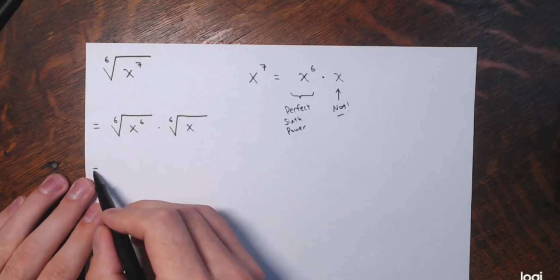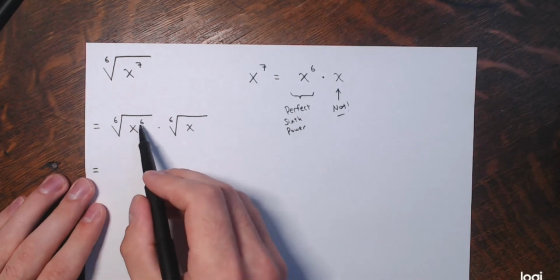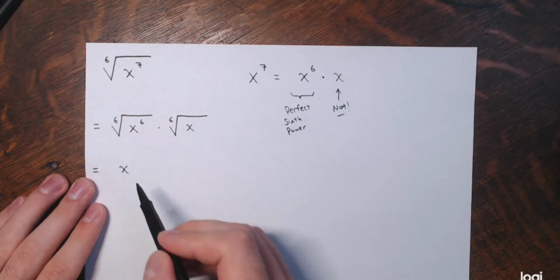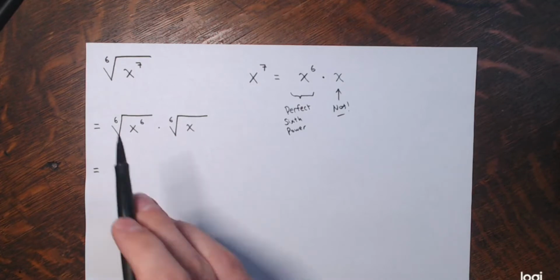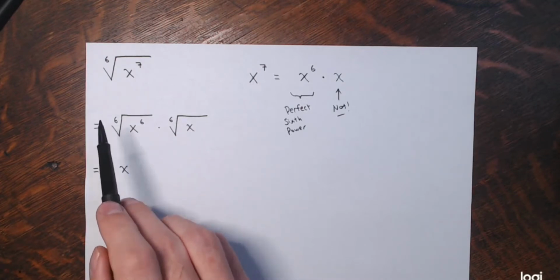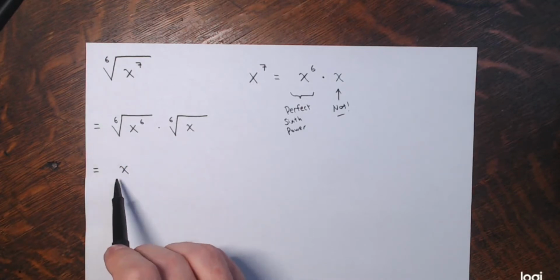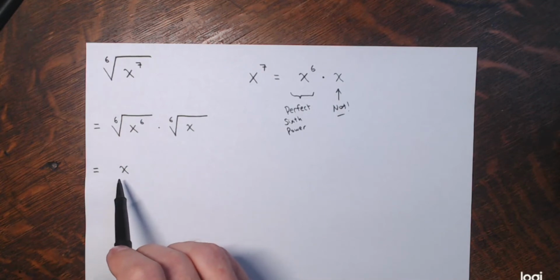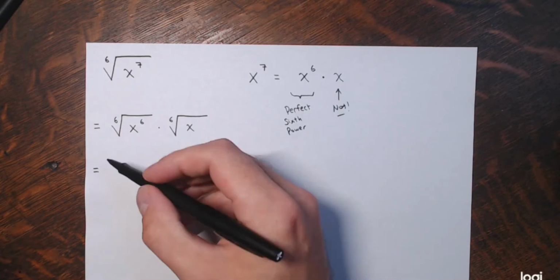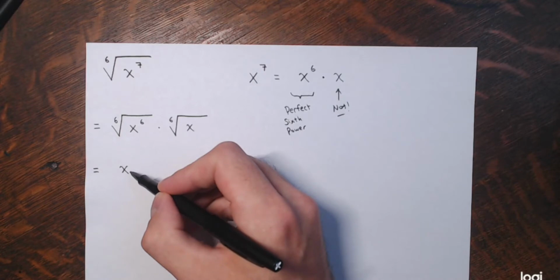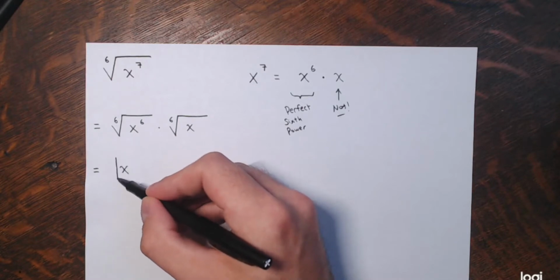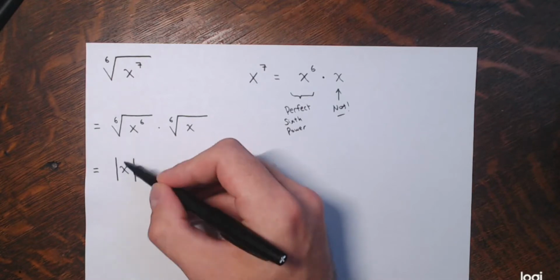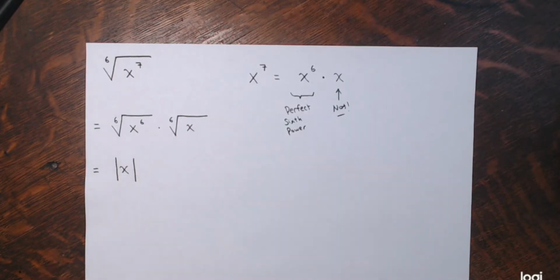Then we simplify. Now the 6th root of x to the 6th, again, if you write just x, you're wrong. This is once again an even root. So the result needs to be always non-negative. And this is not always non-negative. If x were negative, this would be a negative value. So once again, to ensure that we get a non-negative result, I take the root and then put absolute value symbols around it.